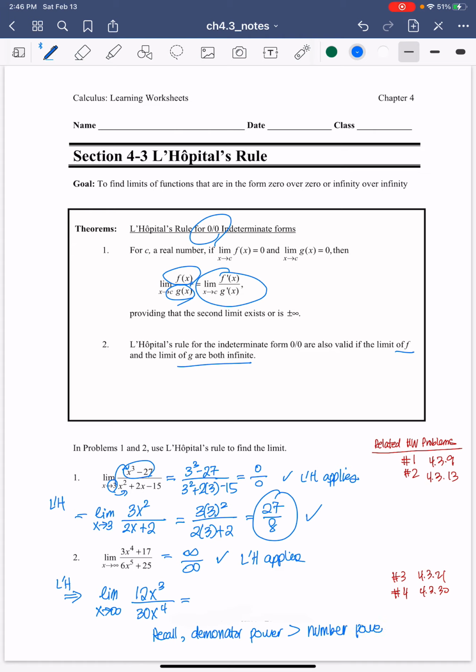This is going back to the limit on chapter 2 of Math 121. So you have x to the fourth is greater than x cubed. When you have a bottom heavy function and you apply infinity, what happens? We get 0.